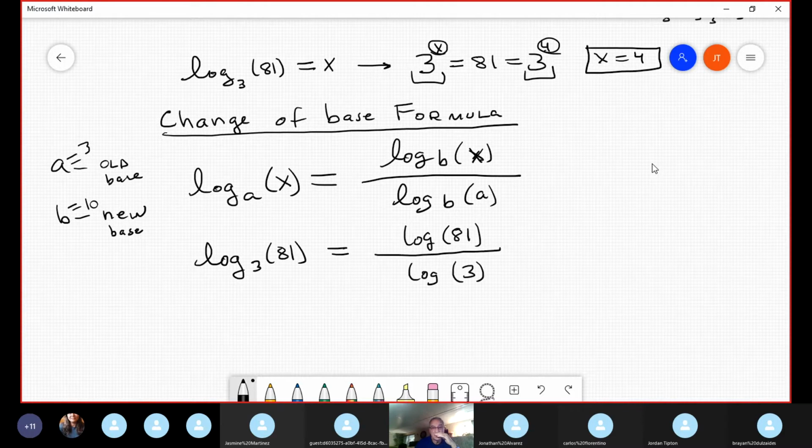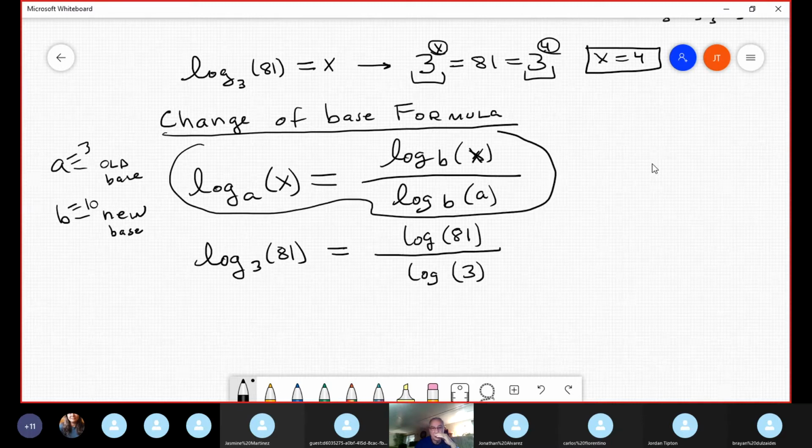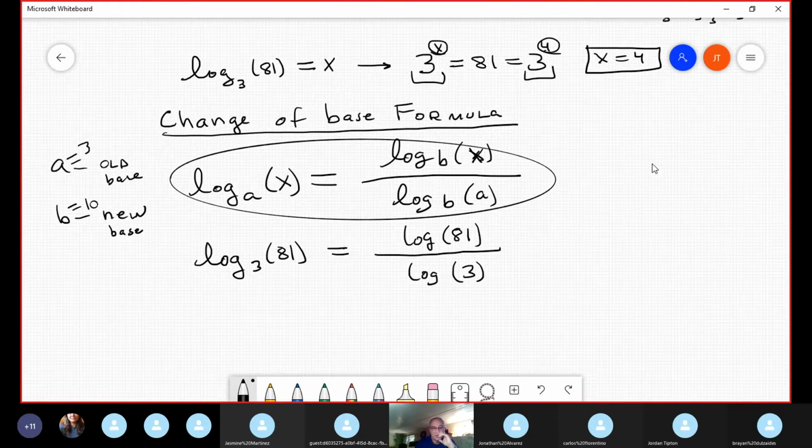Because a is 3, the base, and b is 10. Do you see the analogy here? The corresponding position in the equation for the specific example. And please, put it in the calculator. Be careful and respect the parentheses. I put it in the calculator: LOG, open parentheses, 81.